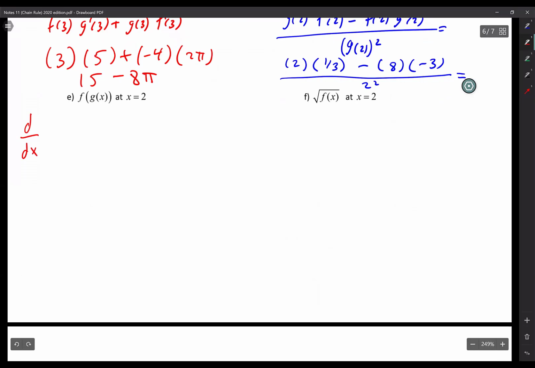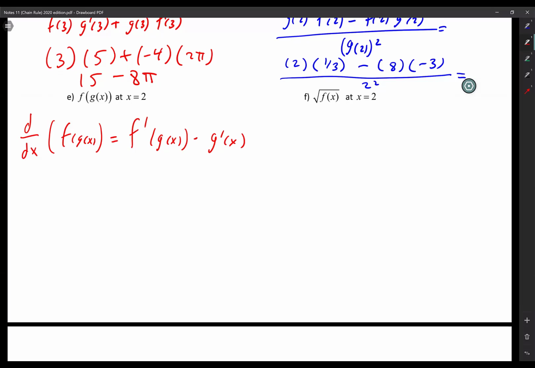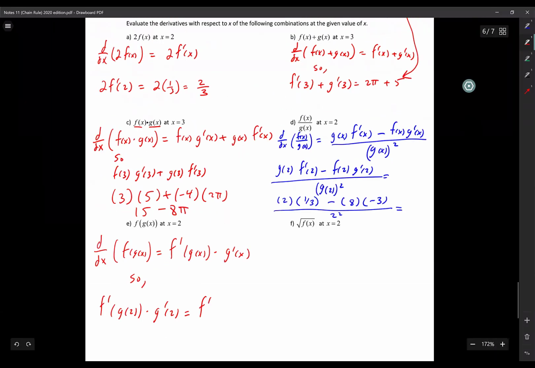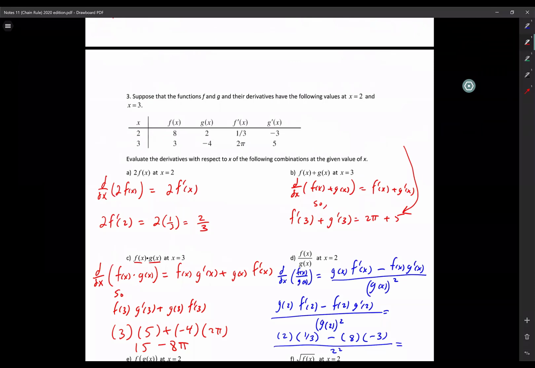d/dx of f of g of x. What rule is this one? Chain. There's just plain old chain rule. Get rid of the outside, leave the inside alone, times get rid of the inside. There it is. So f prime of g of 2 times g prime of 2, which equals f prime, g of 2 is 2.